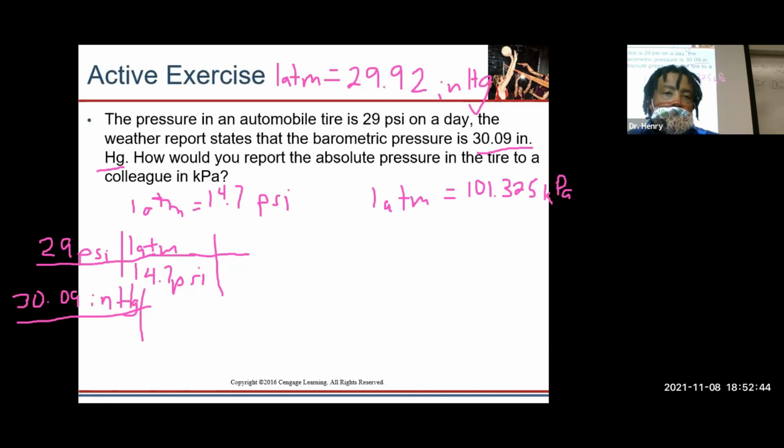Kilopascals. Okay, so can I convert to kilopascals? Okay. So we have 1 ATM at the bottom, and then 101.32 kPa. Okay, so then the ATM is going to cancel out, and we're left with kilopascals.